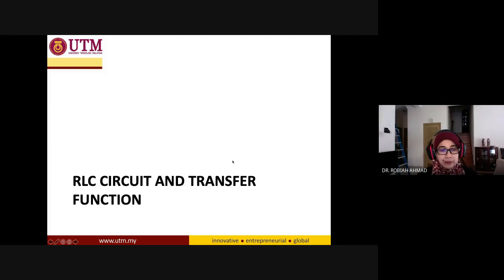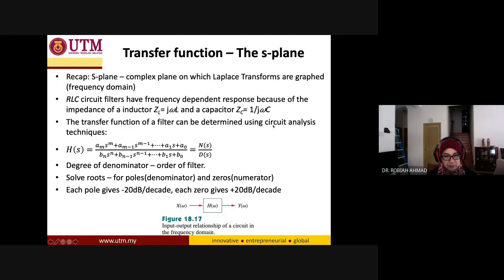And now let us relate what is the mathematical modeling, and in your case, the RLC and the transfer function. Just in case you can't remember when you did the transfer function, let us recap. Usually the transfer function, we do it in the S-plane. What is the S-plane?